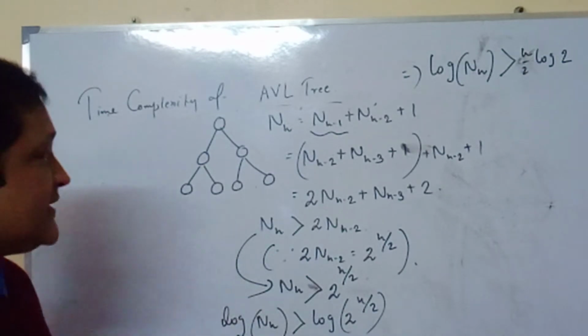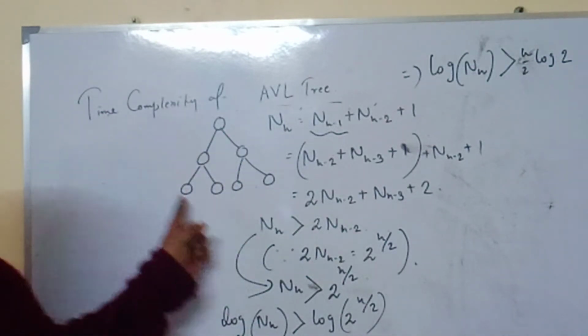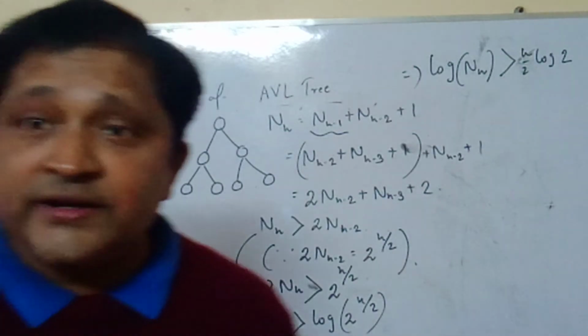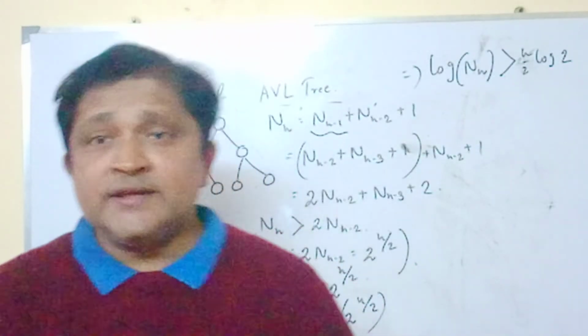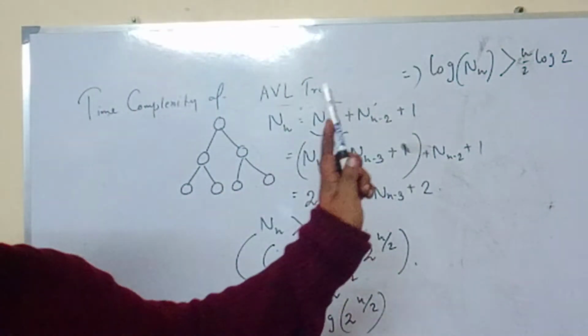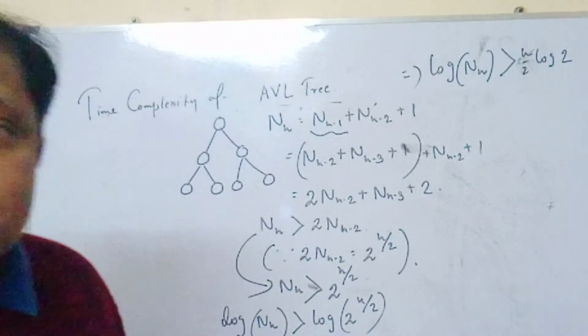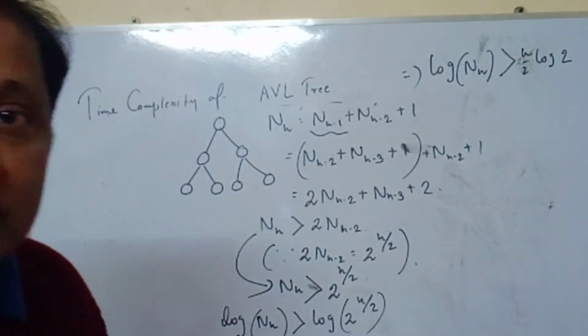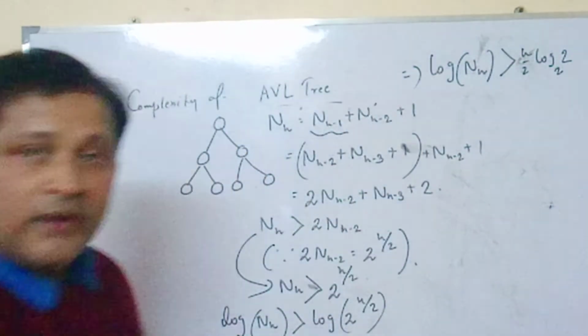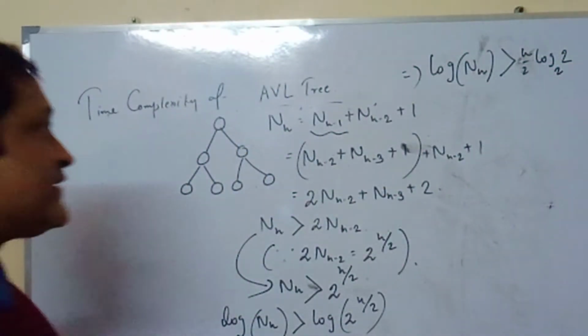And as a binary tree is a binary operation for searching, inserting and deleting elements, the default base of this log is considered to be 2. We know log 2 base 2 is 1.